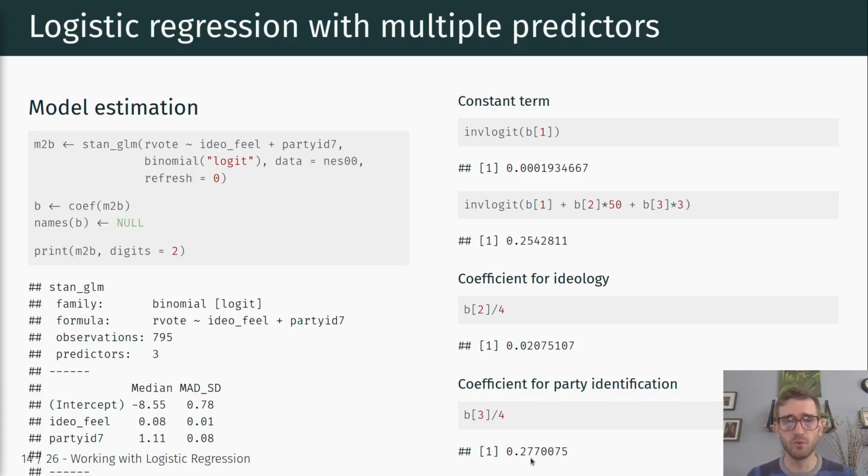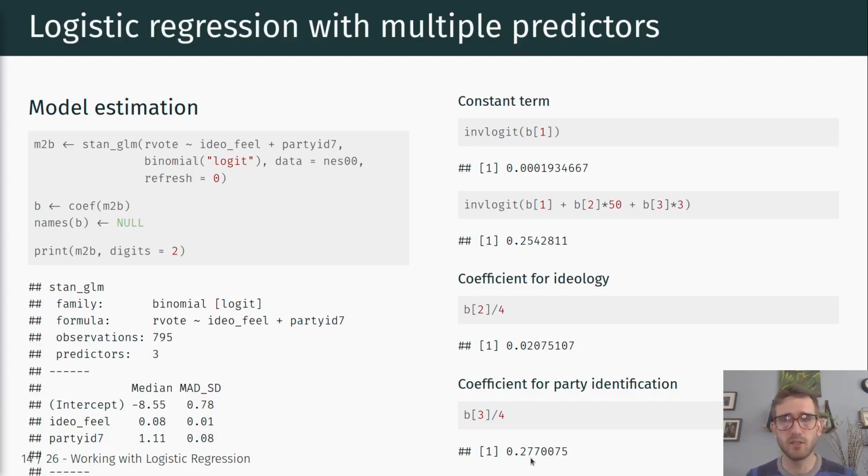Comparing two respondents who differ in party identification by 1 unit, the model predicts a maximum change in probability of 0.277. That obviously seems a lot larger than the change for ideology, but keep in mind a 1 unit change in party identification is very different from a 1 unit change in ideology given our scaling.